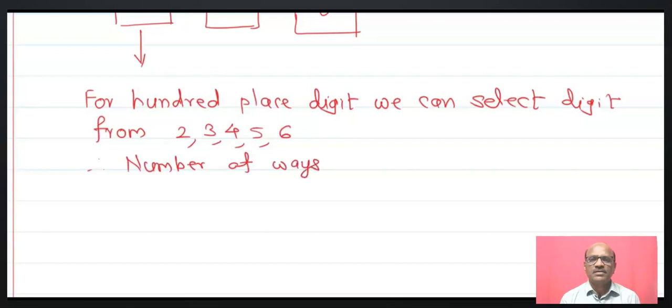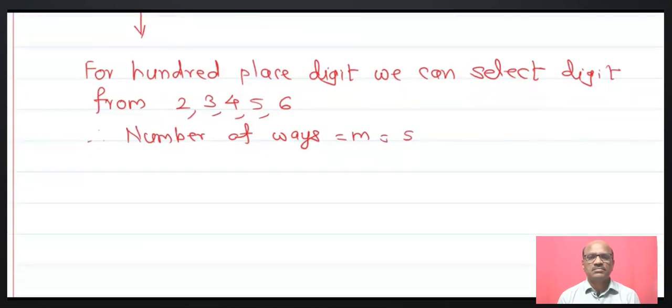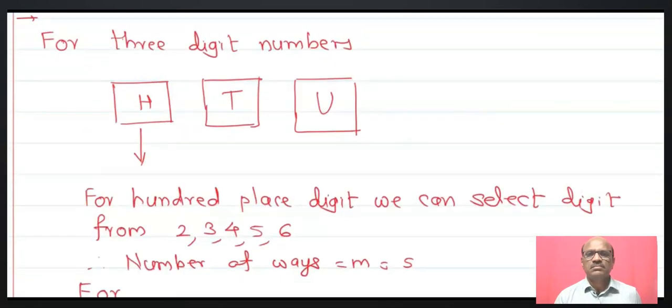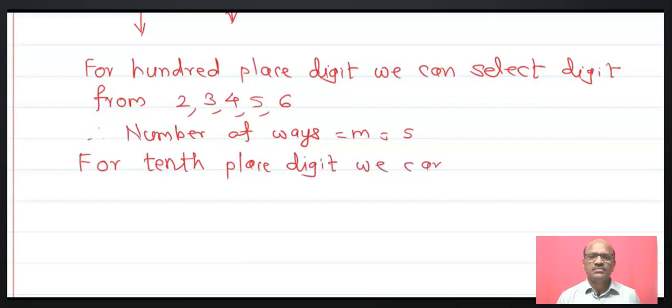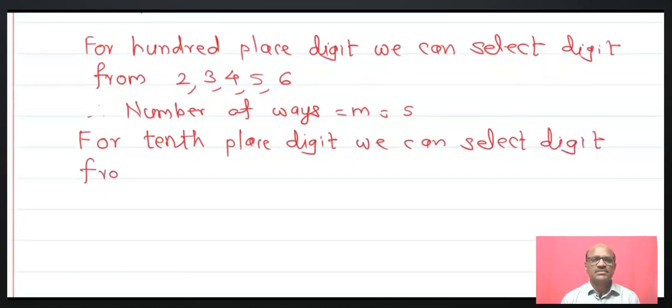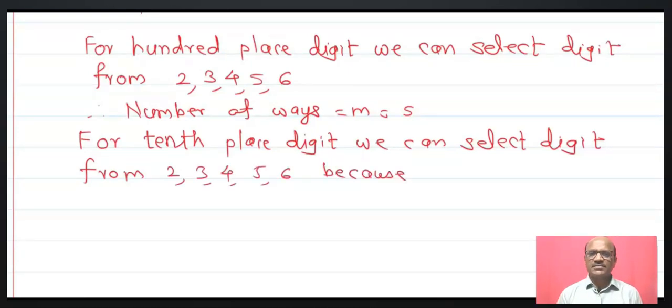Therefore, the number of ways m is equal to 5. For the 10th place, we can select from 2, 3, 4, 5, 6 because the repetition is allowed.